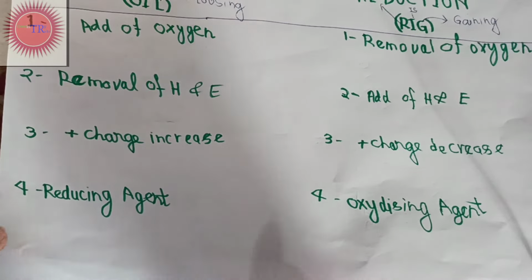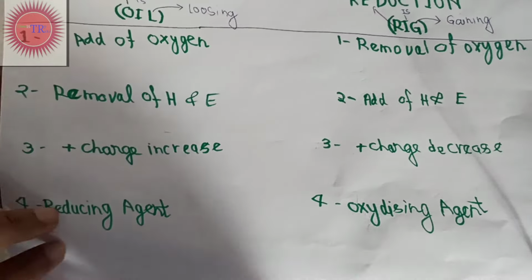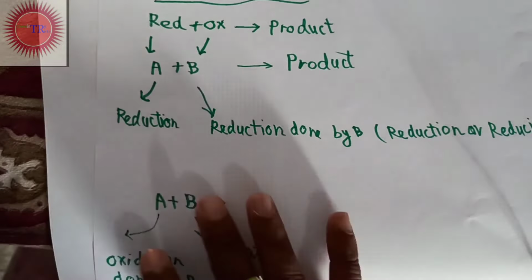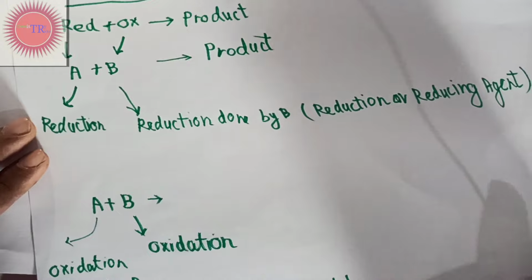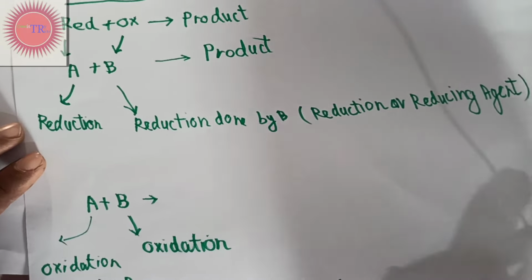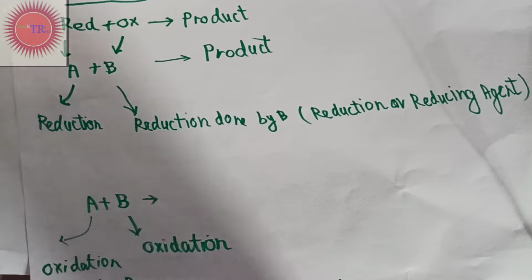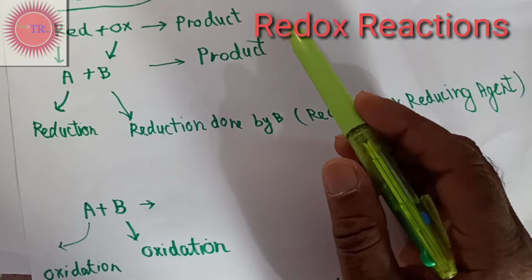Now I am telling you what an oxidizing agent and a reducing agent are. Okay, students, in a reaction there are always two elements, one goes to reduction and the other goes to oxidation. That is why these reactions are known as redox reactions.